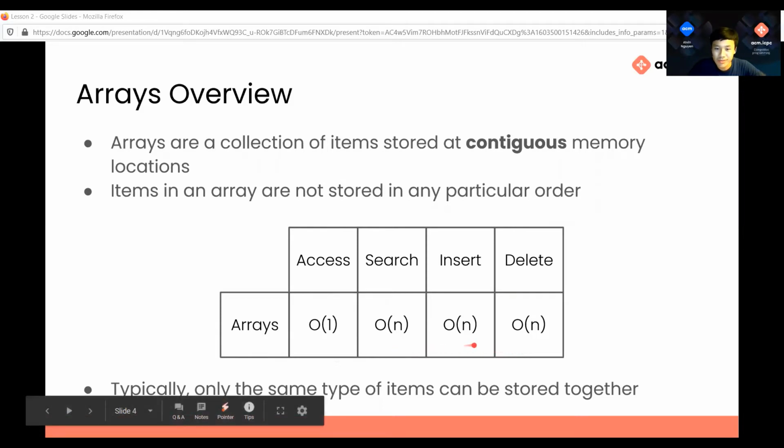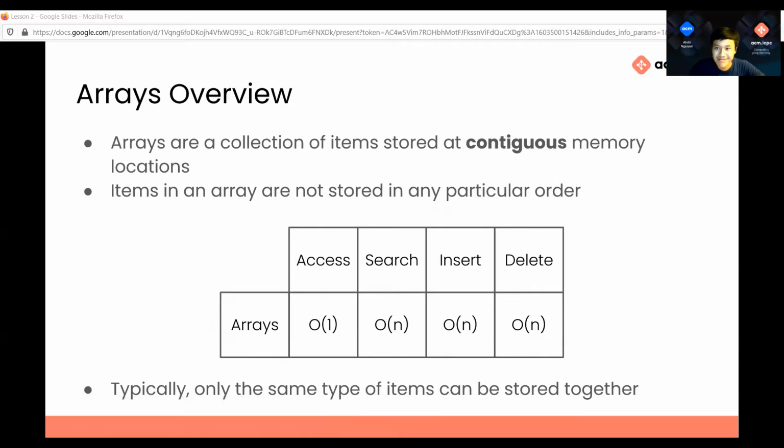Or you can just do one of the three. At its worst case, you'd have to search every element if it's unsorted, that is. Yep, because items aren't stored in any particular order, right? How about insert and delete?